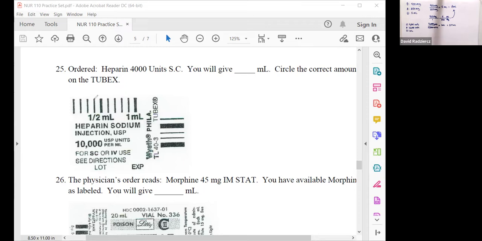So if I'm marking the Tubex, I'm marking at the 0.4 milliliter mark. If it tells you to shade it in, then you probably want to, better than I'm doing it, shade in up to the 0.4.